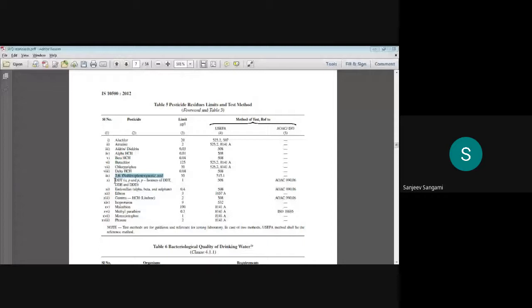Then endosulfan, you already know it is used as an insecticide, to kill insects.